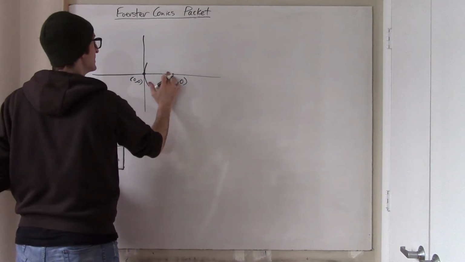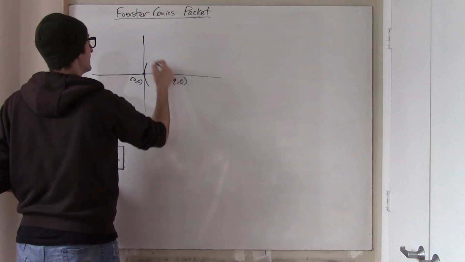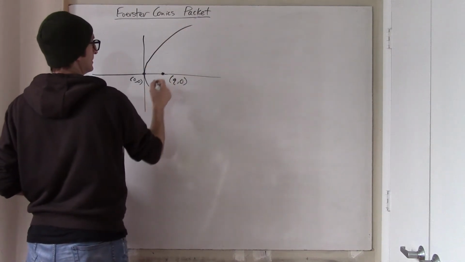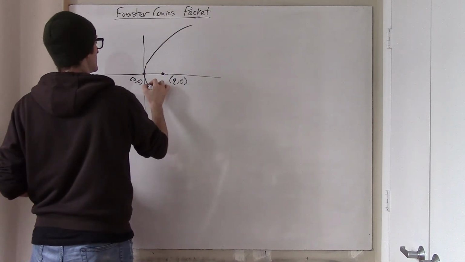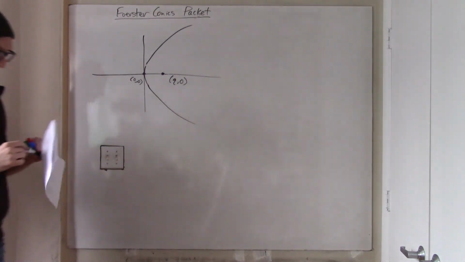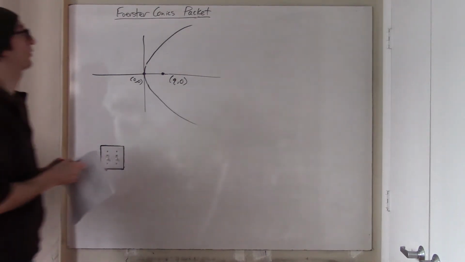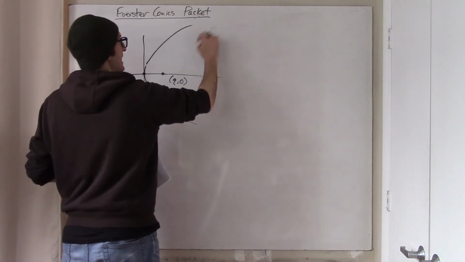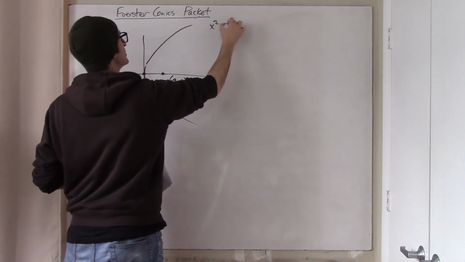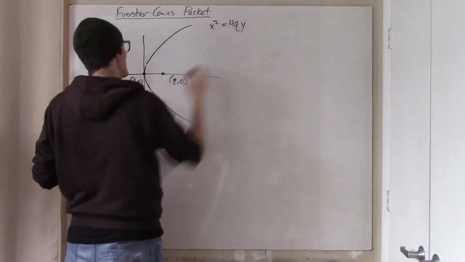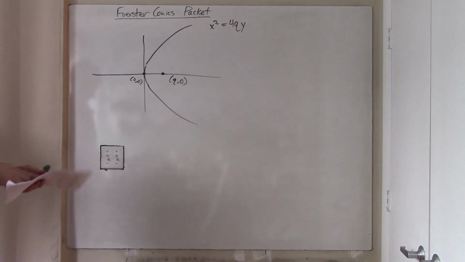If the focus is way out there, then it's going to be quite spread out. Okay, well, whatever. What is the equation of this generic parabola? It is x squared equals 4qy.